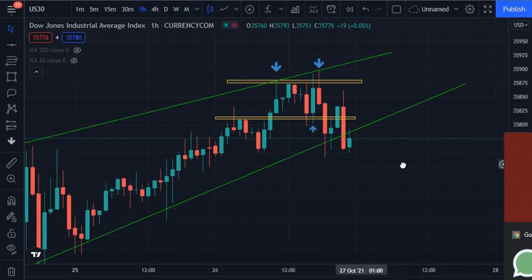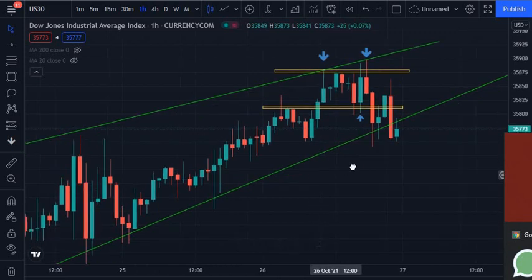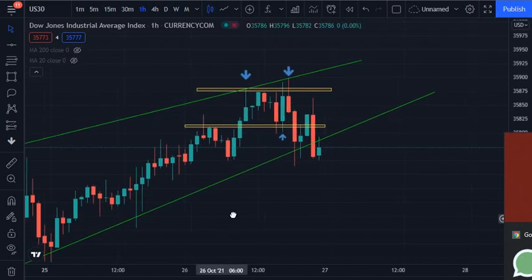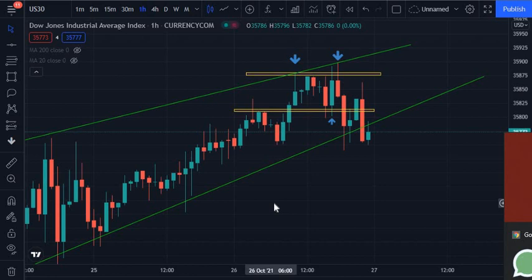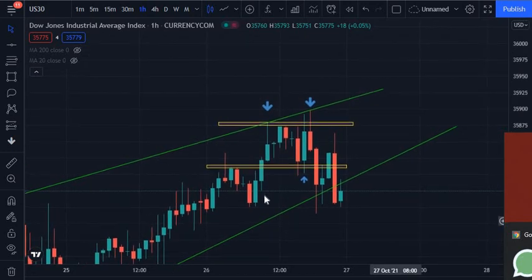So as you can see, it's in a channel, right? It's within our channel over here. So we wanted to find our areas of value within our channel. So how we identified our areas of value is this level over here, the rejection over here, which was our resistance turned into support. Price broke into this zone over here.